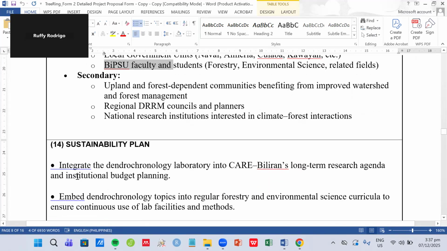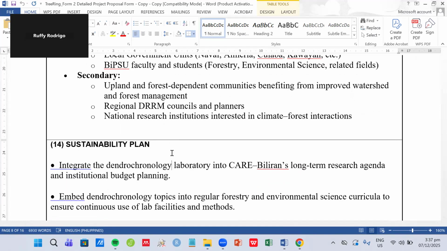Okay. So of course, there is a so-called sustainability plan. They don't want you to just forget everything after the project. They want you to really work on your lab. So that's exactly why I wanted to do the lab, because it would be the continuation. All the subjects will be integrated in the lab. So we have a subject on tree rings.